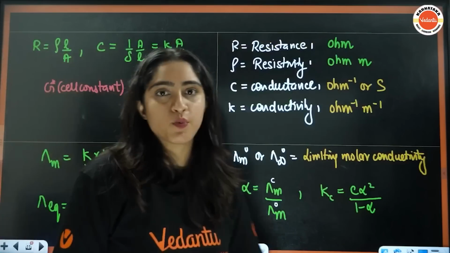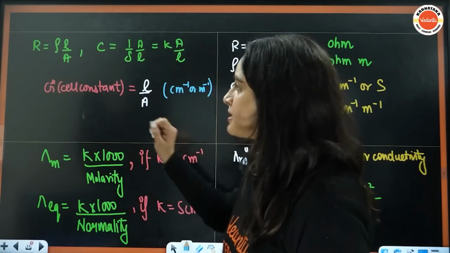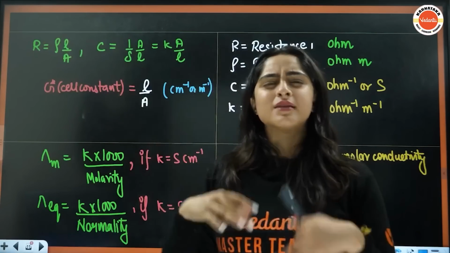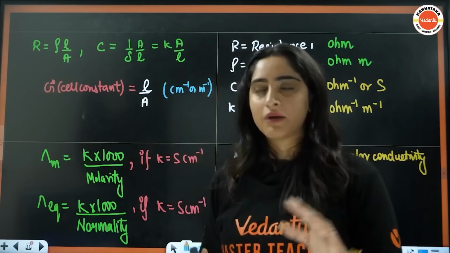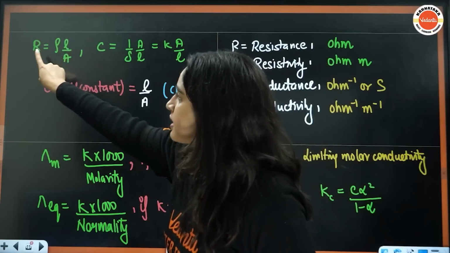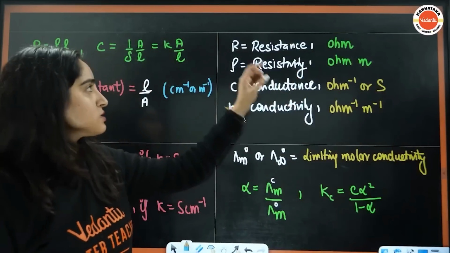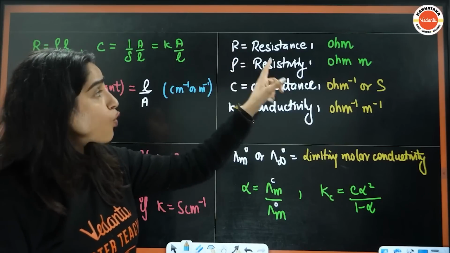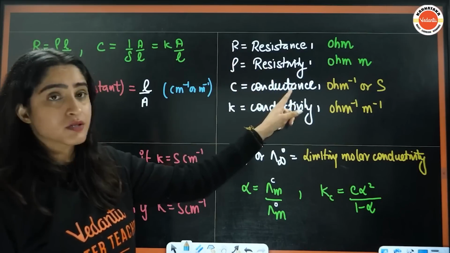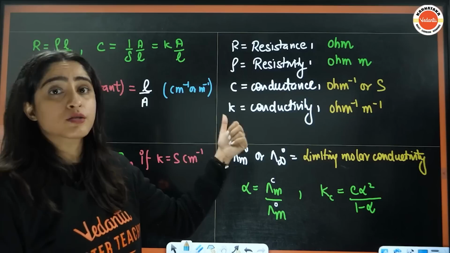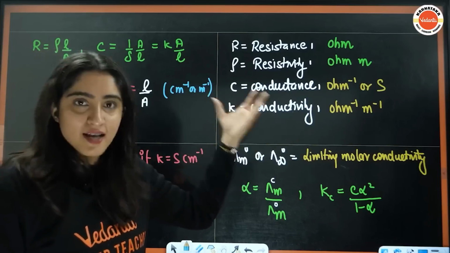Next we have this formula again. These are related to conductance, resistance and resistivity, very important. Firstly see what each represents. R represents resistance, rho represents resistivity, C represents conductance, and kappa represents conductivity.